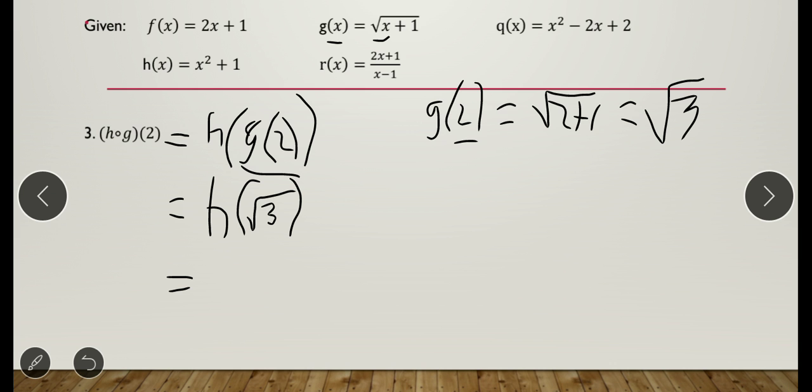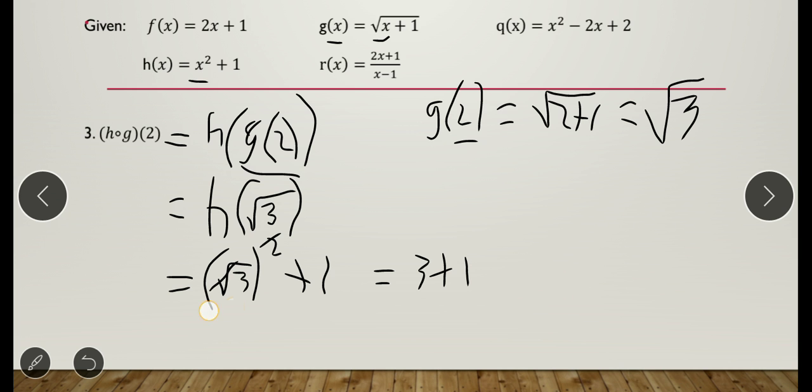Now at this point, we are dealing with an h. So we have to base on the h of x function. Substitute square root of 3 to your x. So this is now the quantity square root of 3 squared plus 1. Now we can actually cancel the square root and the 2. So this is now equal to 3 plus 1.